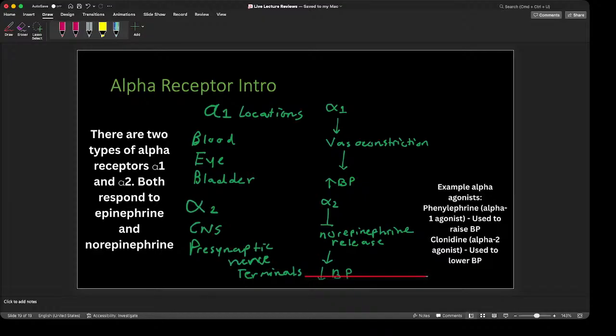So it's going to be used to lower blood pressure by interacting with the alpha 2 receptor in the central nervous system parts. Then you have alpha 1 agonists, which are going to vasoconstrict.